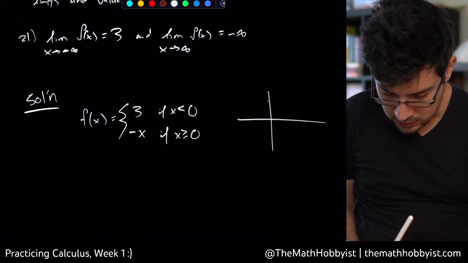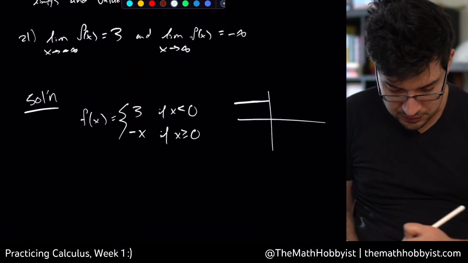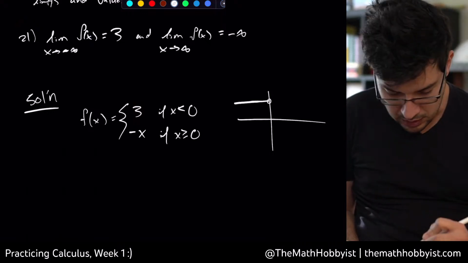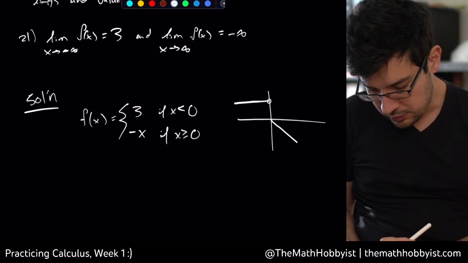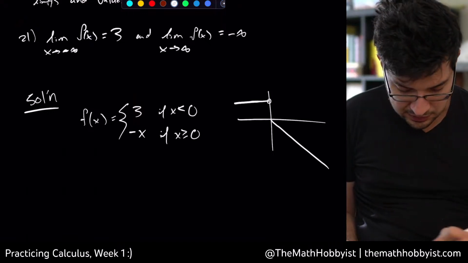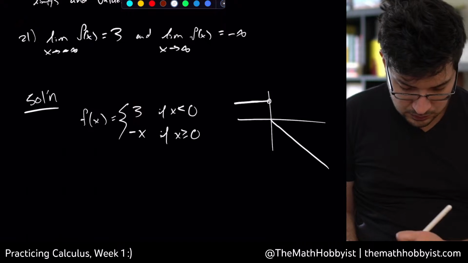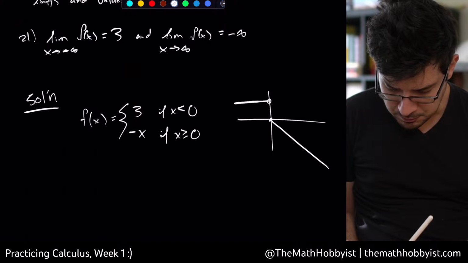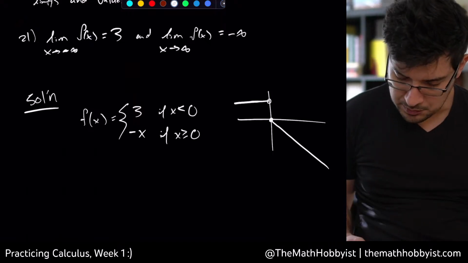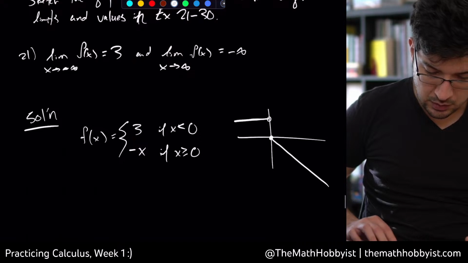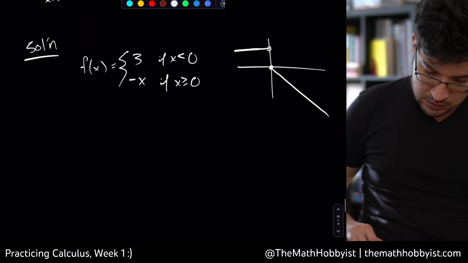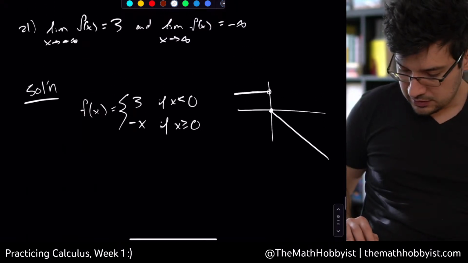So the function is positive 3 for all negative numbers, and then it is y equals negative x if x is greater than or equal to 0. That would be a function with those two limits. I keep cheating.